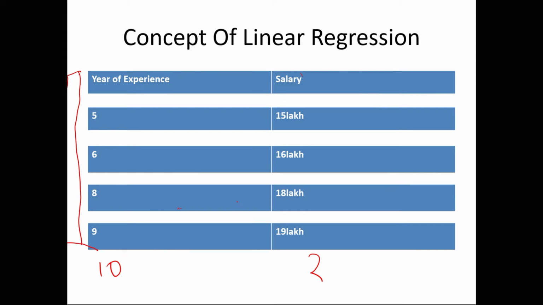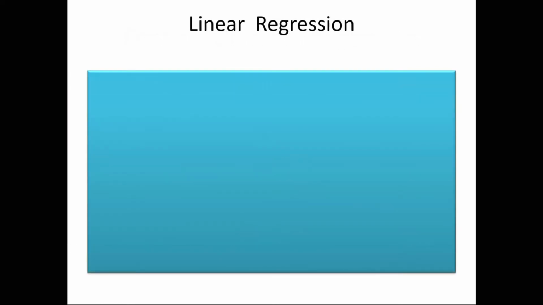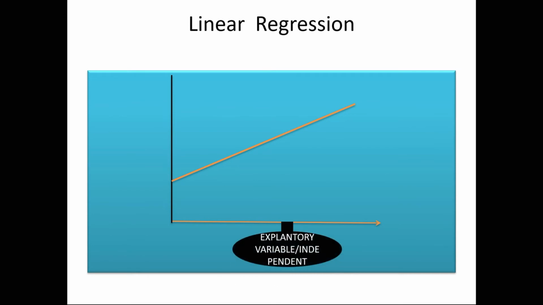Before diving into the machine learning concepts, learn the mathematical intuition. This is called the x-axis, this is called the y-axis, that is called the intercept, and that is called the slope.